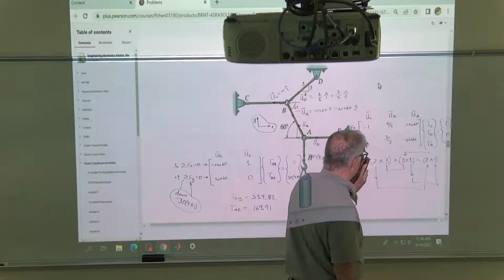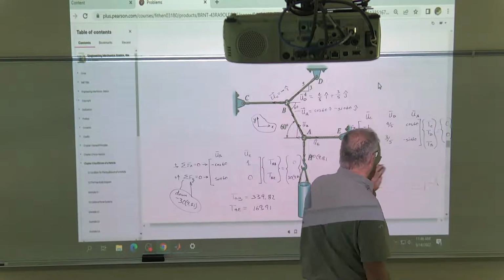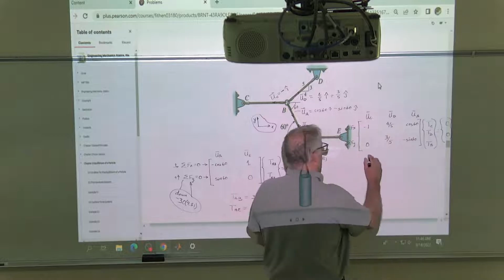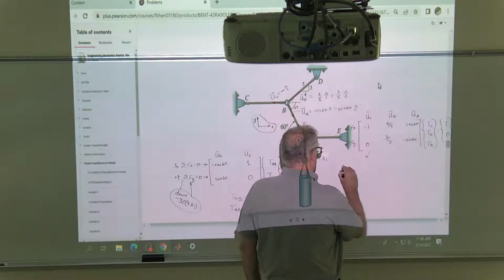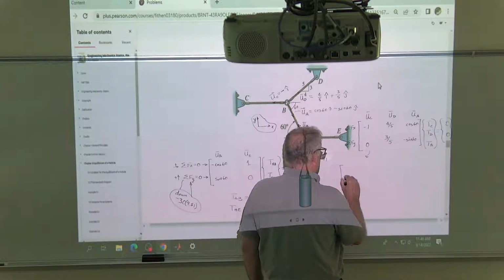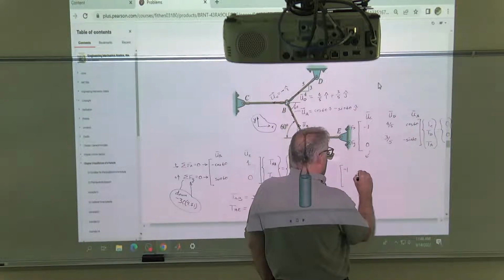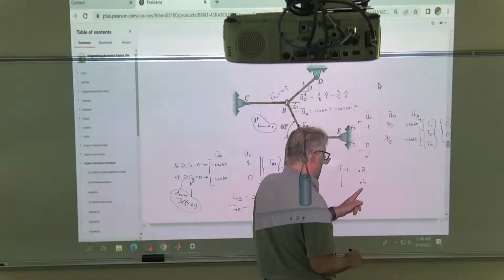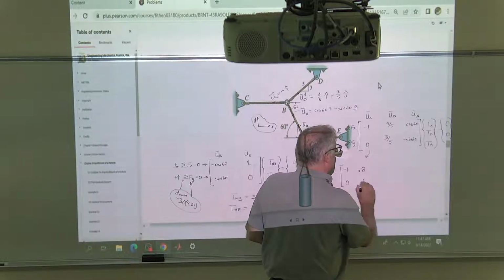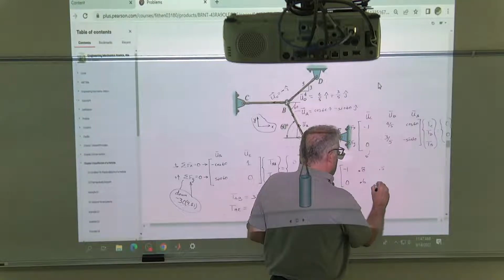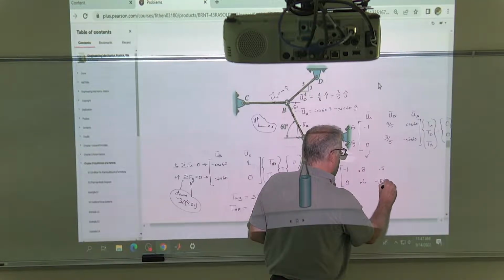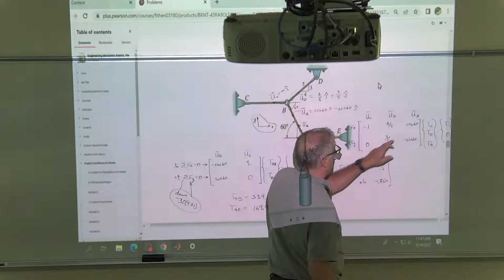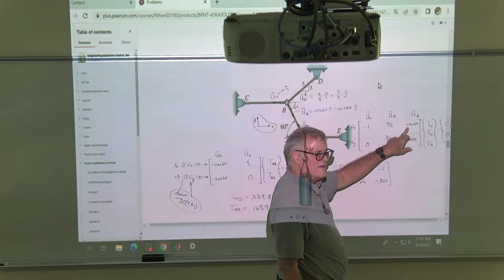So if we stare at this for a minute, what I'm going to do first is figure out the numbers here and write them like this. I'm going to write them like -1. I know what that's going to be, 0.8. This is going to be 0.6. Is that right? This is going to be 0.5, and this is going to be -0.866. Is that right? Isn't that cosine 60? Isn't that a half?